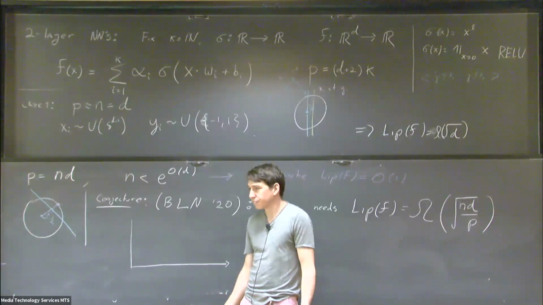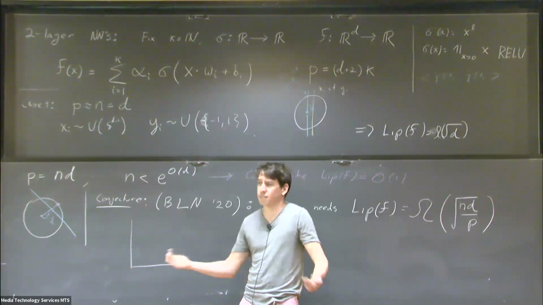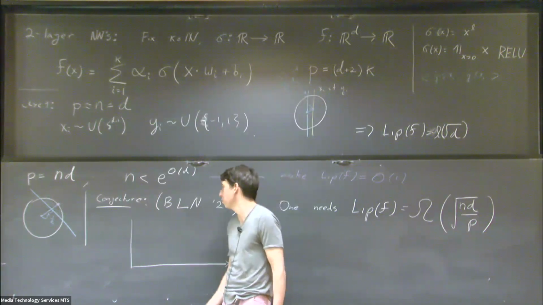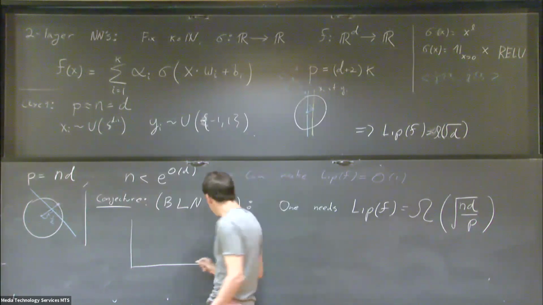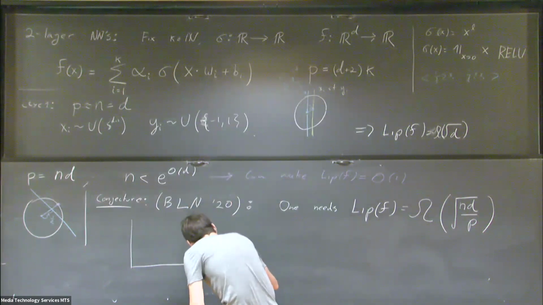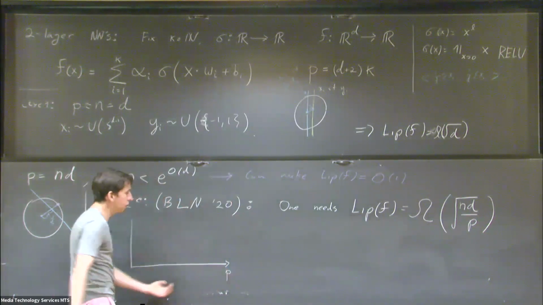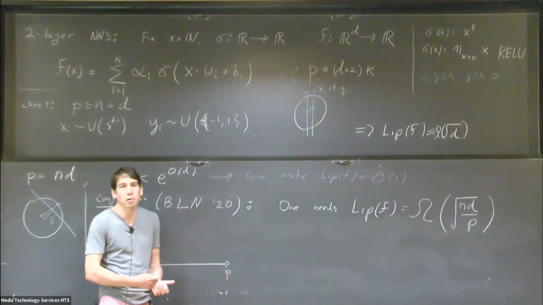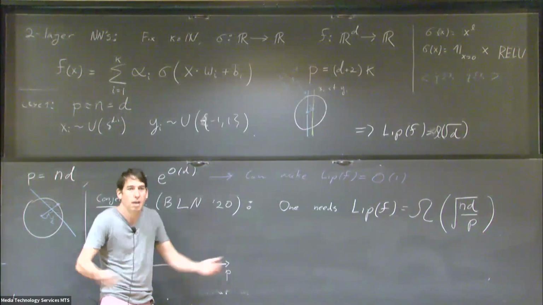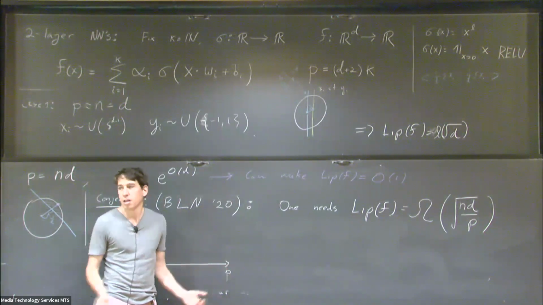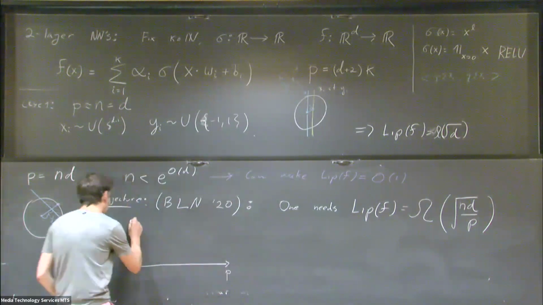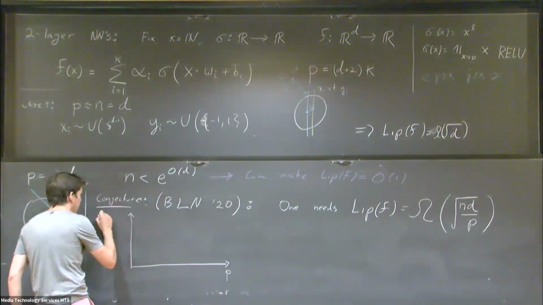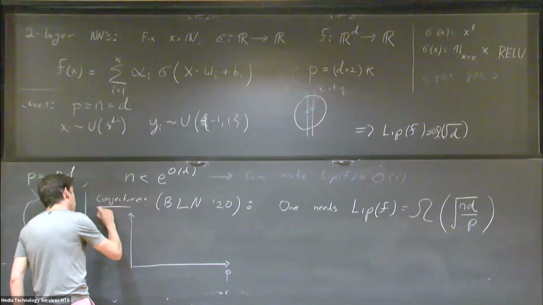In machine learning, in the classical, pre-neural network era, you had this picture where you don't want the number of parameters in the system to be too large. If it's too small, you just can't fit any function at all. So maybe suppose here is the generalization error.